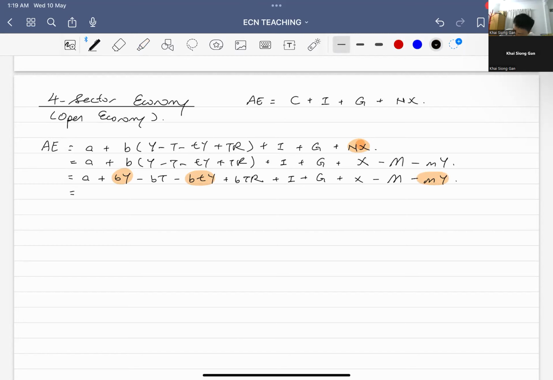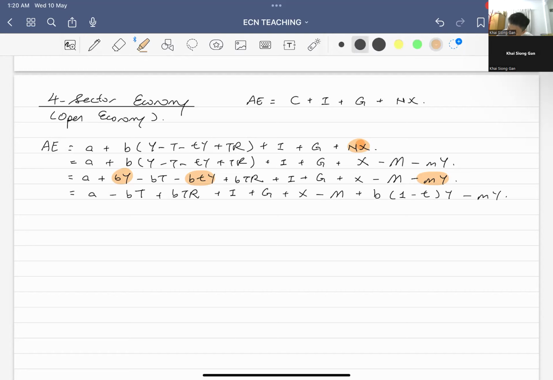So I can rewrite it into A minus bT plus bTR, plus I plus G plus X minus M, and then plus b, I straight away factorize it, 1 minus t Y, and minus mY.